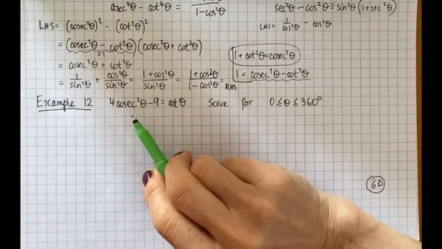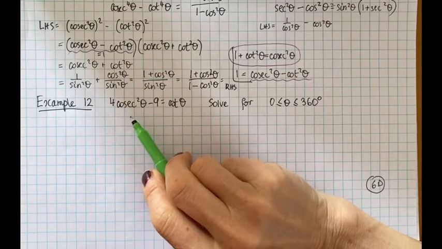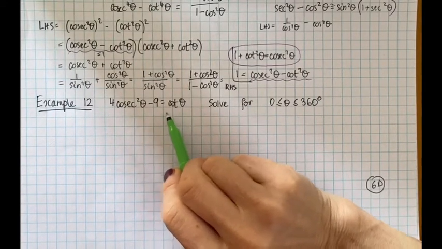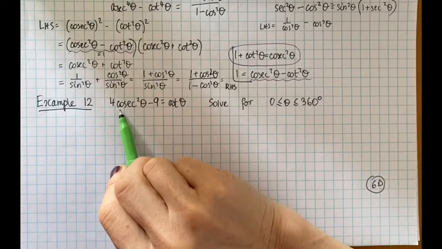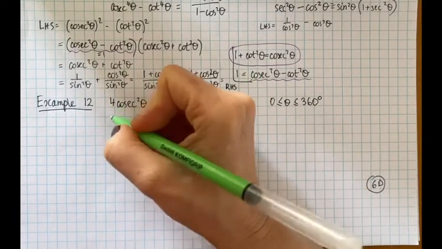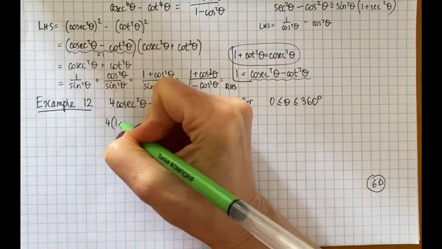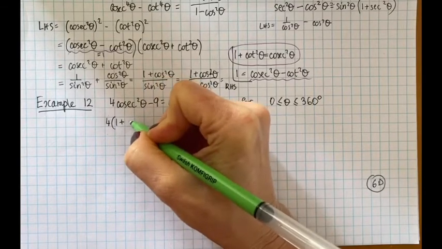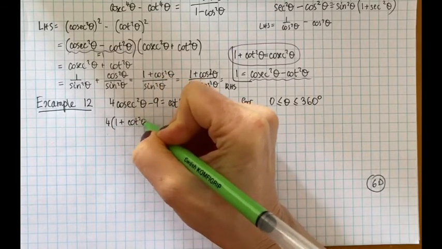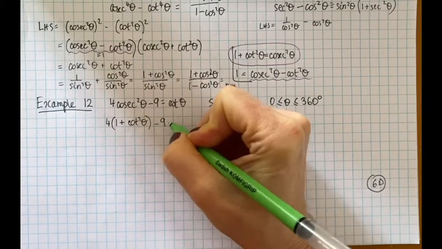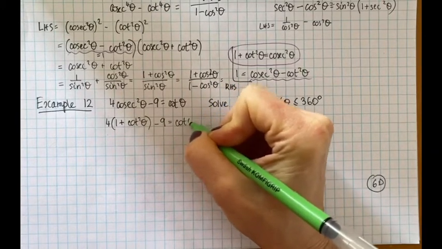It's just like with sine and cos. The one that's not squared, this is the one you want to keep. The one that's squared, that's the one that we want to replace. So you've got 4 lots of 1 plus cot squared theta minus 9 is equal to cot theta.